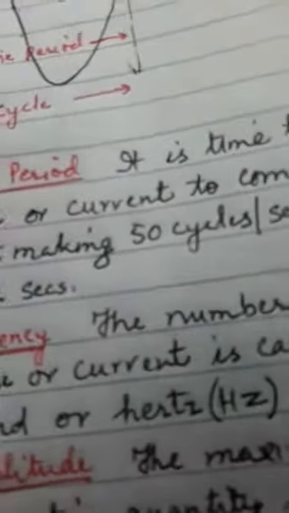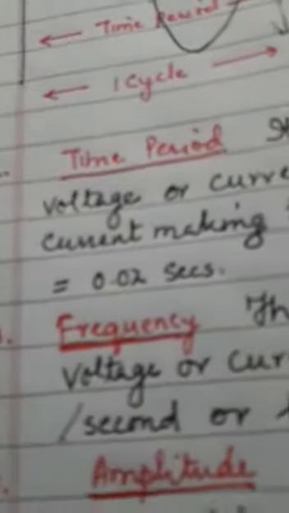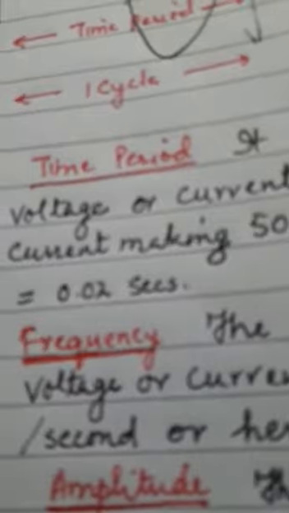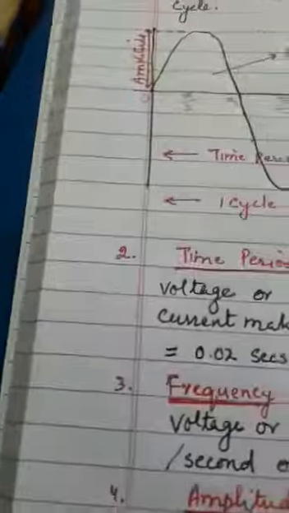Time period T is equal to 1 by 50 cycles. If 50 cycles of the pulses are made per second, then you get the value 0.02 seconds per cycle. It is the value for one cycle. Is it clear now?